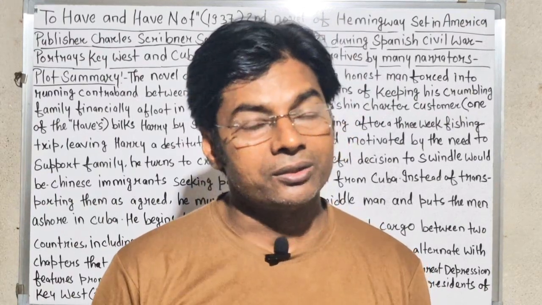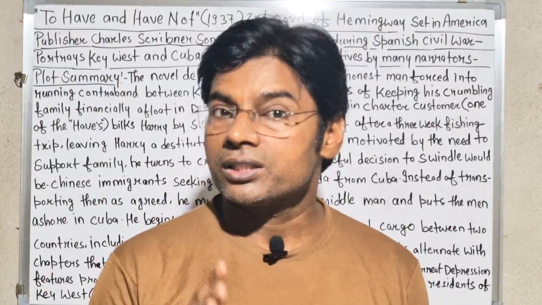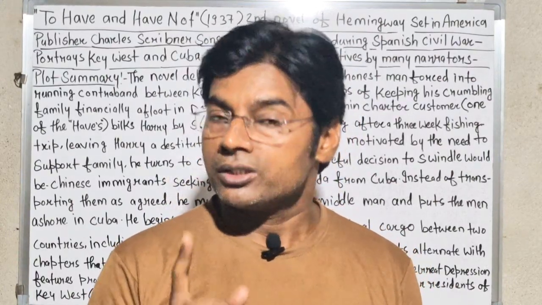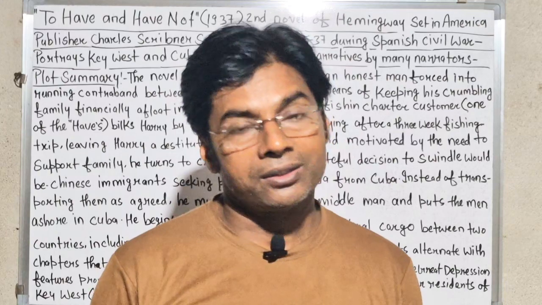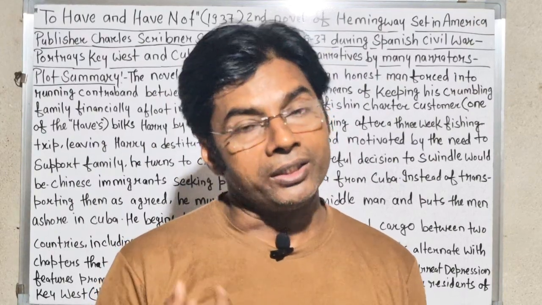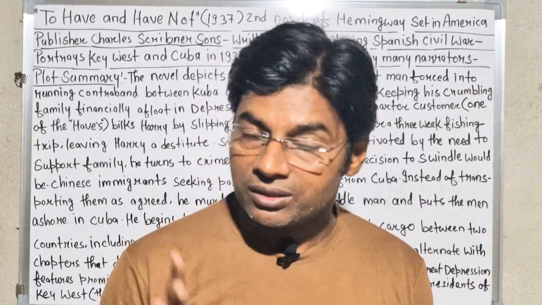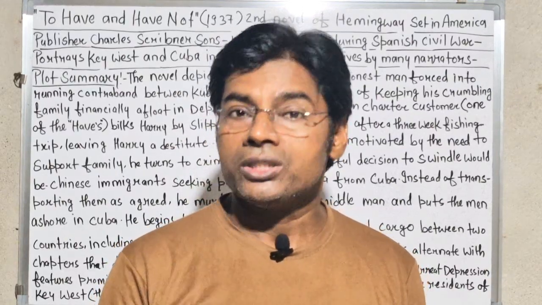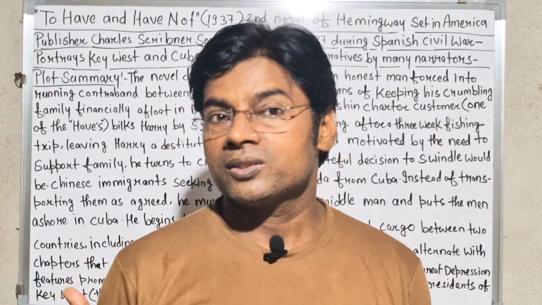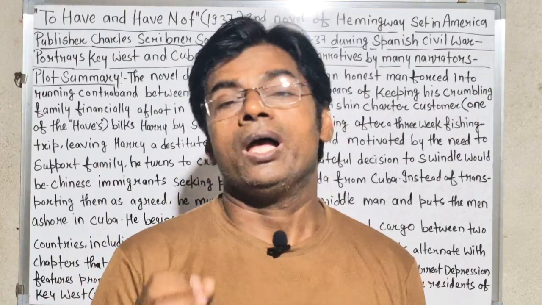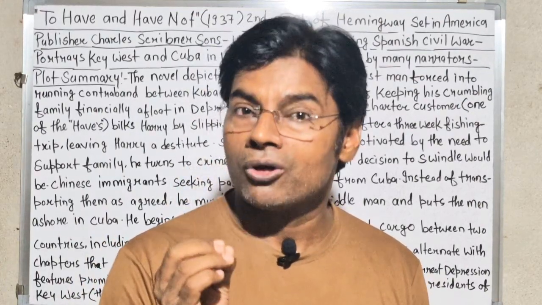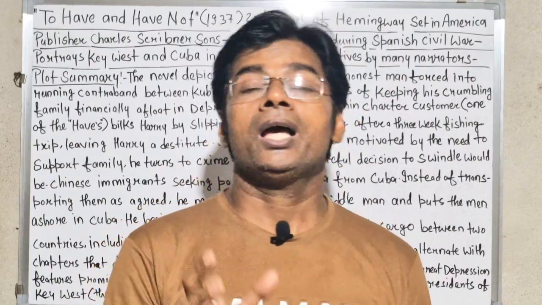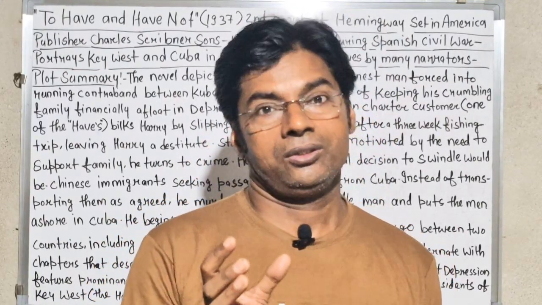The publication: first, The Torrents of Spring, 1926; second, The Sun Also Rises, 1926; third, A Farewell to Arms, 1929; and this is the fourth, To Have and Have Not. This is the title, To Have and Have Not.